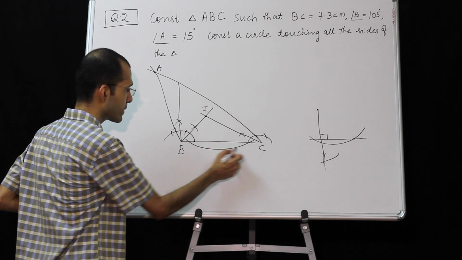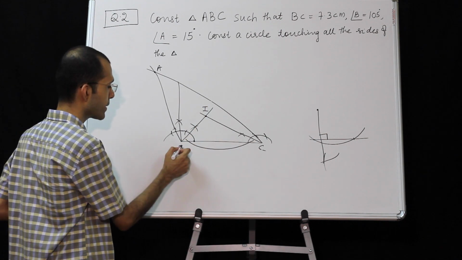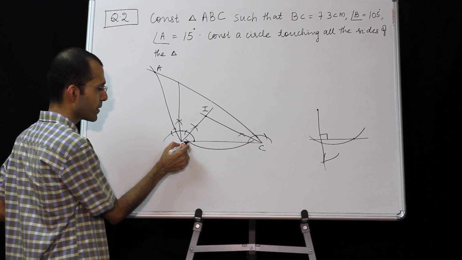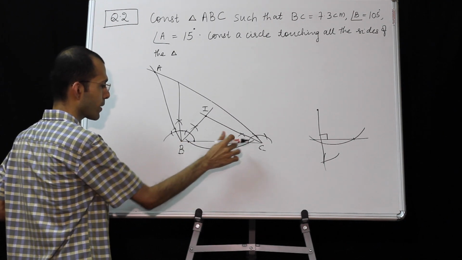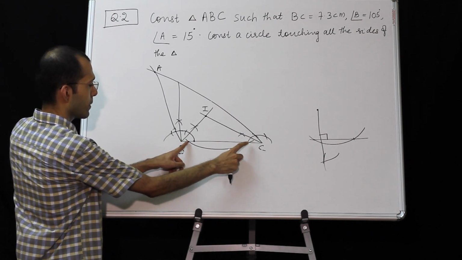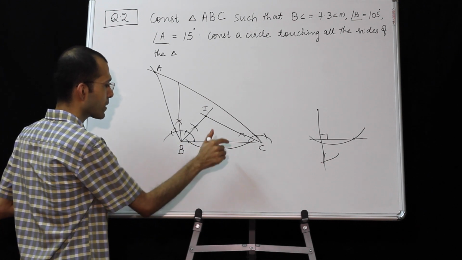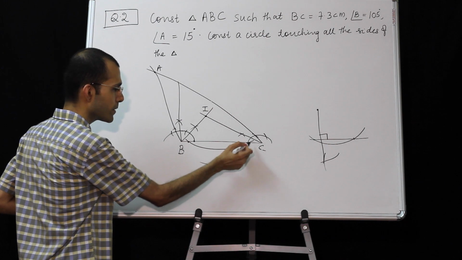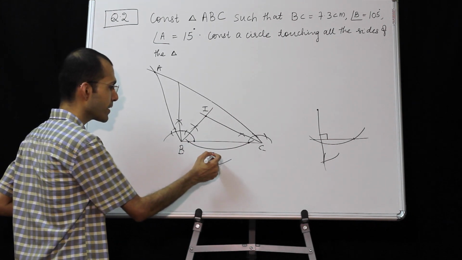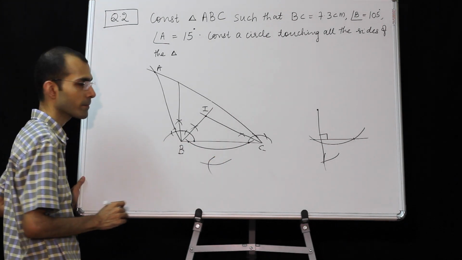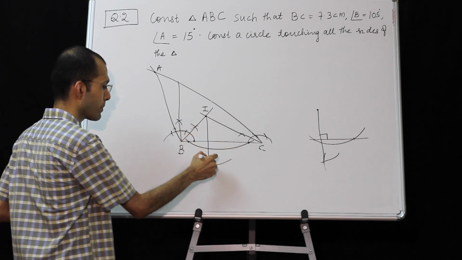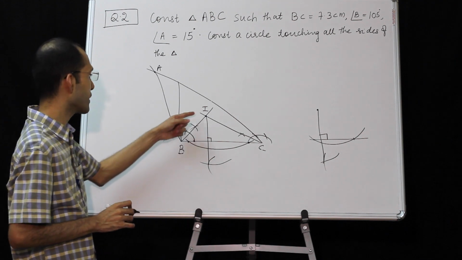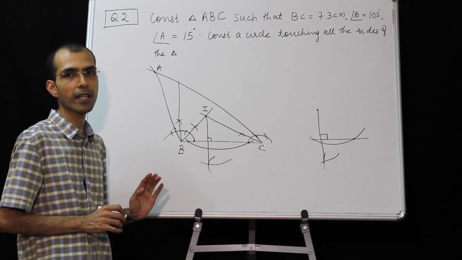Once I have drawn this half moon, cutting the base in 2 points, this becomes my segment. So with this point, radius more than half, draw the arc. With this point and the same previous radius, cut the arc. Join by scale. This angle will become 90. Now this is a proper perpendicular which we have drawn.